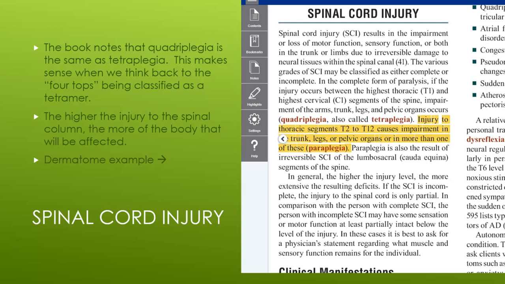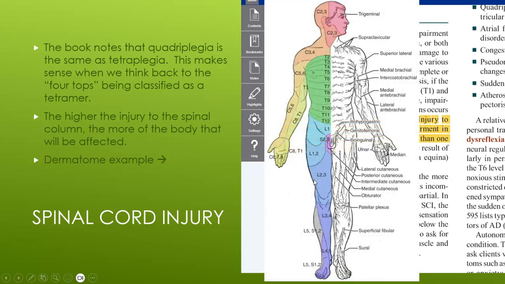And they go a little bit further into this in terms of the higher level of the injury, the more extensive results. But usually the best way to see this is a dermatome example, where if a person has an injury in C1, C2, it's going to affect everything else downstream. If a person has an injury, say in T9, the injury is there in the low back, in the lower part of the thoracic region, upper part of the low back region.